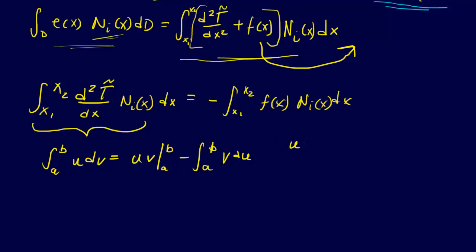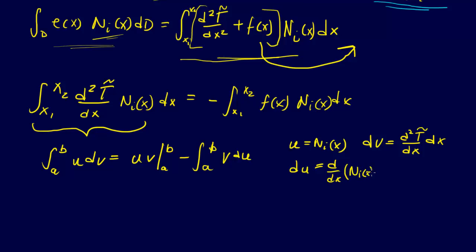But let's do it. If we say u is equal to Ni of x and dv is equal to the second derivative of t squiggly with respect to x times dx, then that would mean that our du is the derivative with respect to x of Ni of x, and our v is going to equal the derivative of t squiggly with respect to x, still times dx.